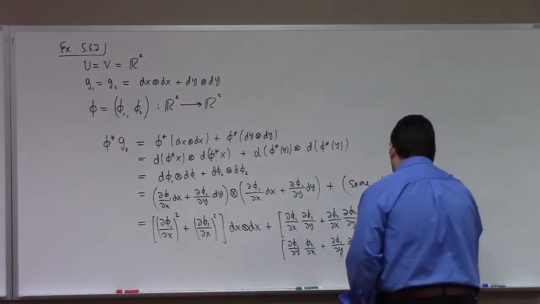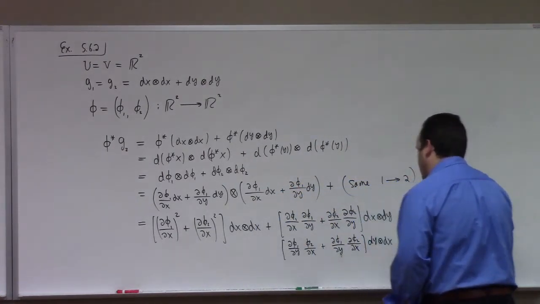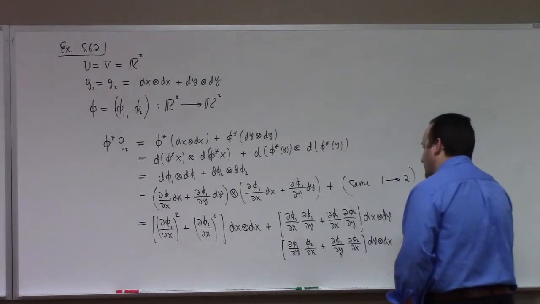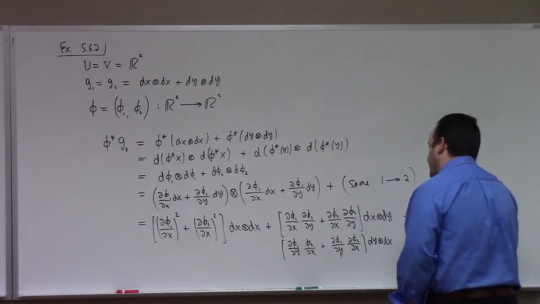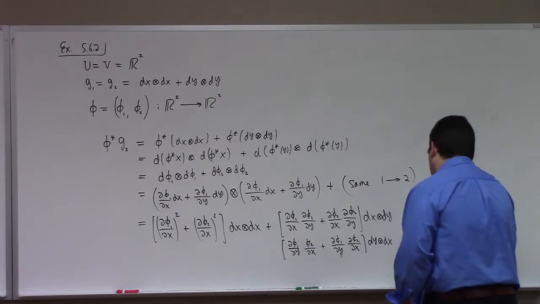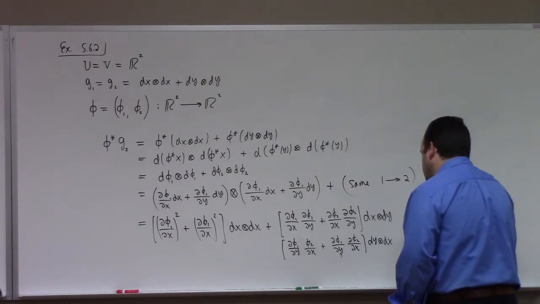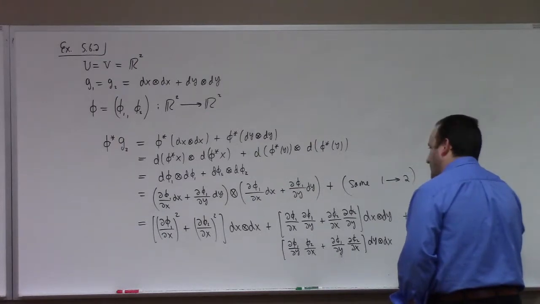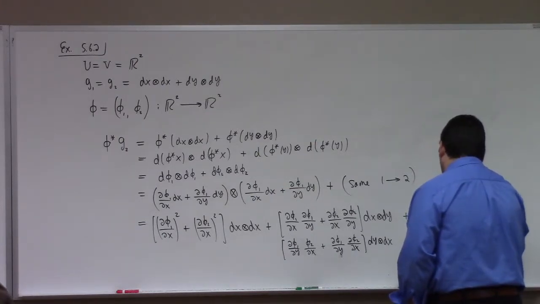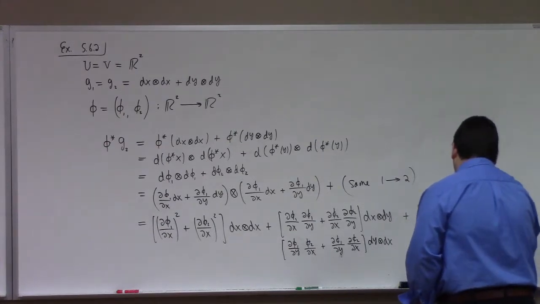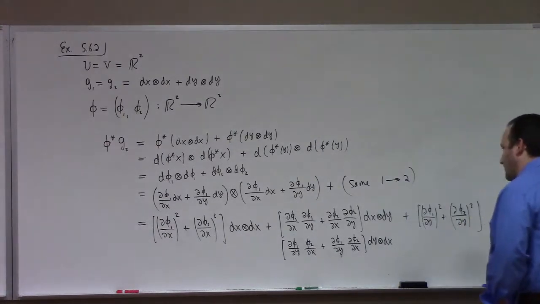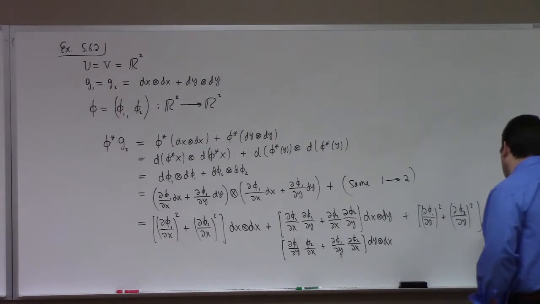And then finally, sorry, my formatting's a little weird, but you got it. The dy terms give me partial phi 1 partial y squared plus partial phi 2 partial y squared, on dy tensor dy.